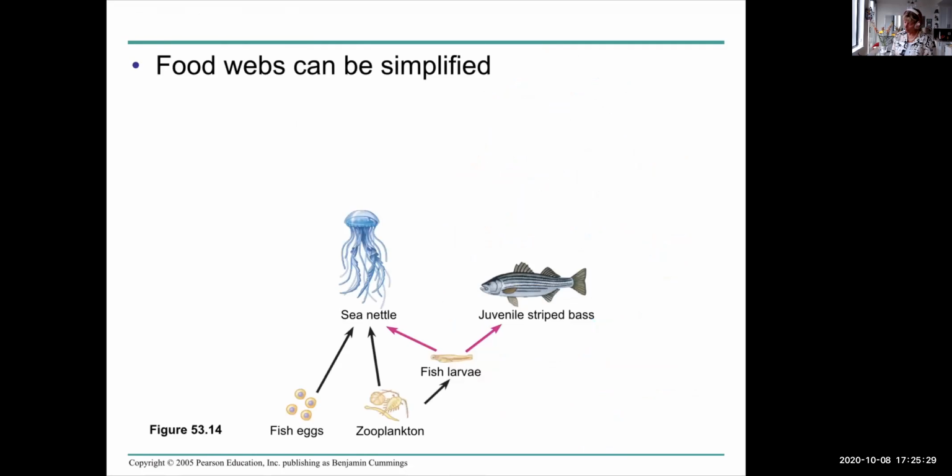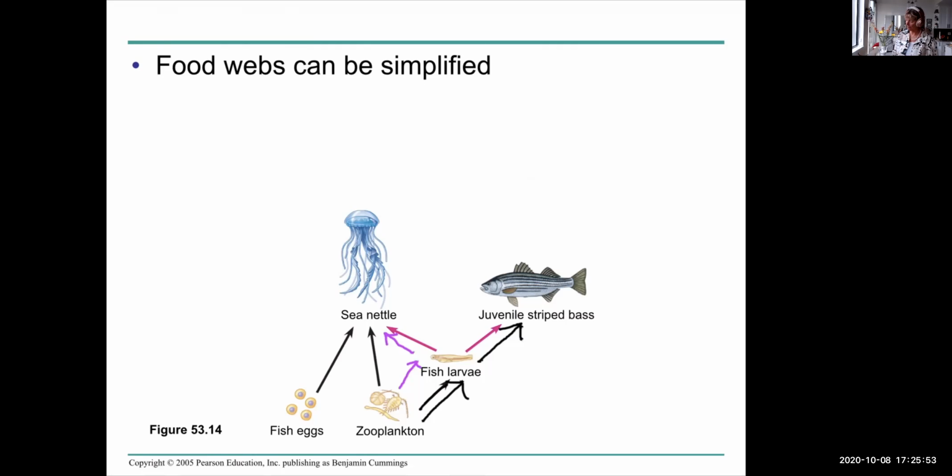So in this case, from the zooplankton, we go to fish larvae and fish larvae to a striped bass, that's a chain. If we were to go from the zooplankton to the fish larvae to a sea nettle, that's another chain. So food webs can be simplified into chains.